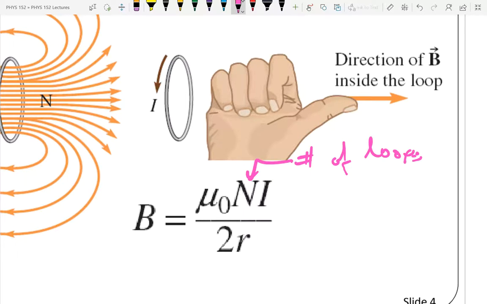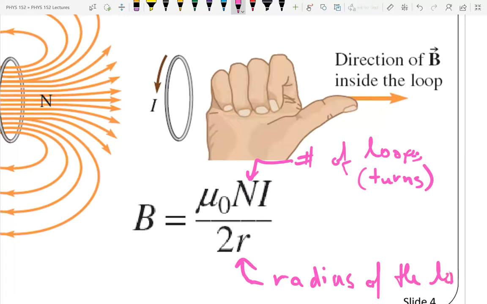Often instead of loops, we'll use the word turns. So the number of turns, the number of loops in my coil, times the current that is going through the wire, divided by 2R, where R is the radius of the loop.